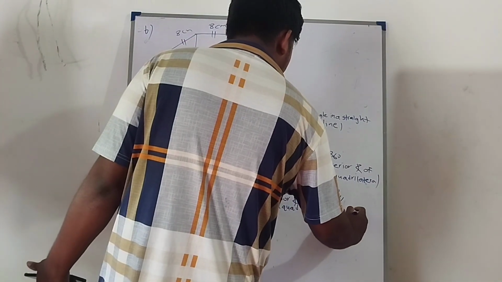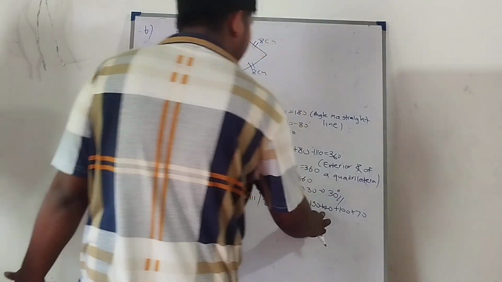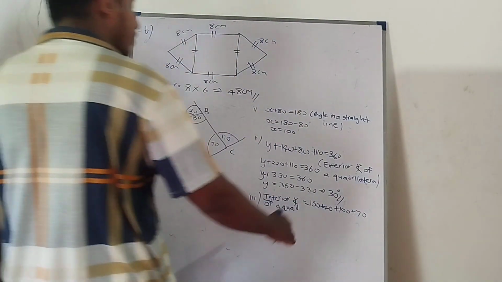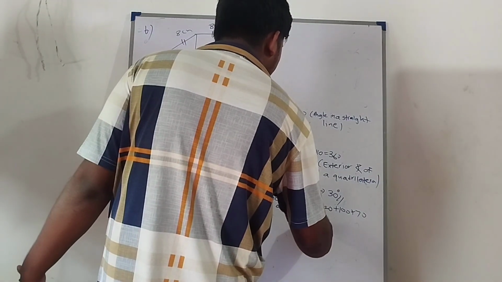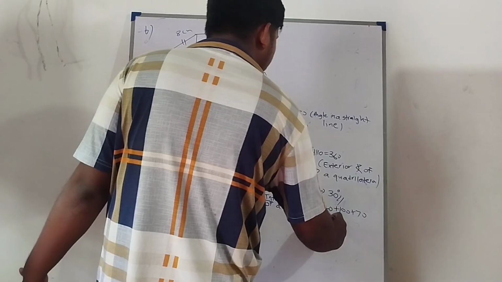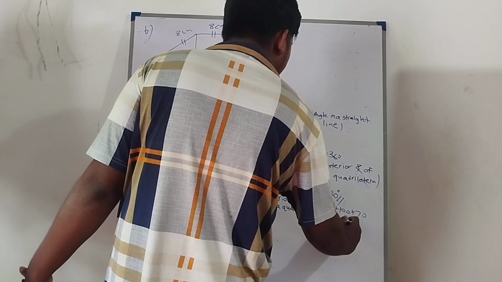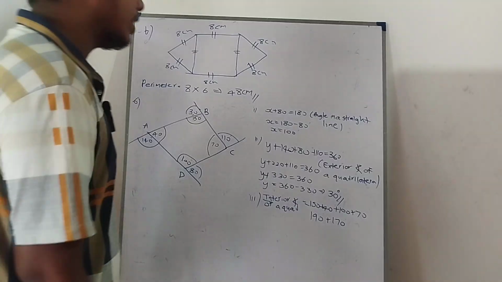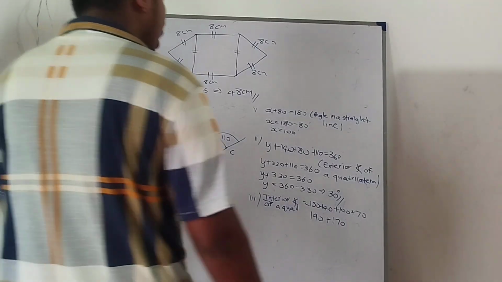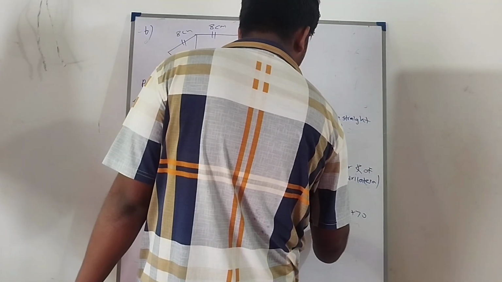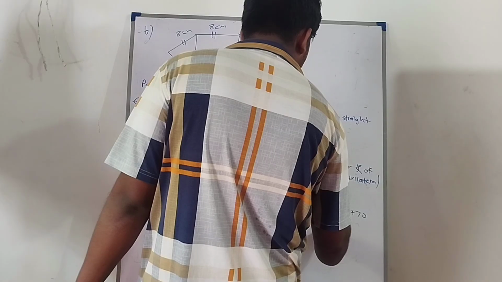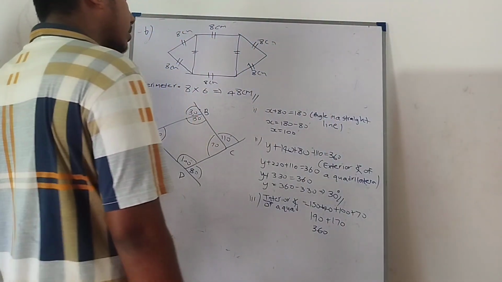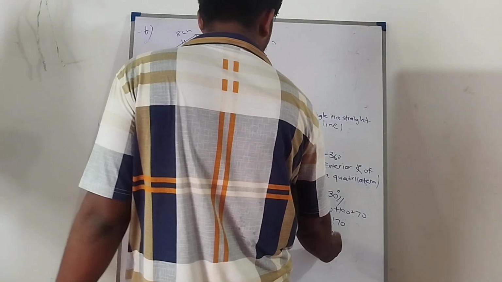Okay. So let's add 150 plus 40, it's 190. 100 plus 70 degrees, if you add, it's 170 degrees. You add 190 plus 170, you'll get the answer as 360 degrees. That is the answer that you'll get. Okay.